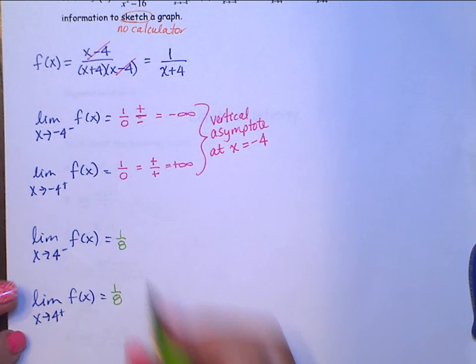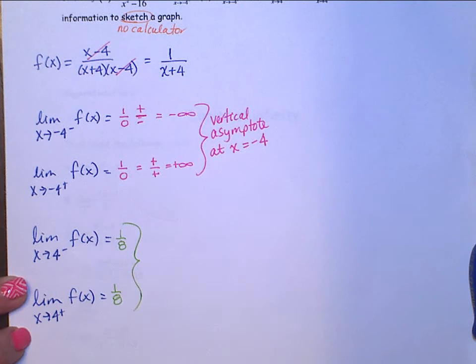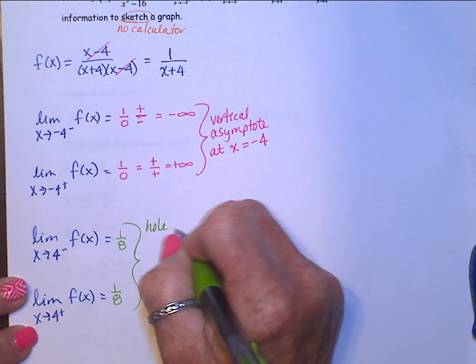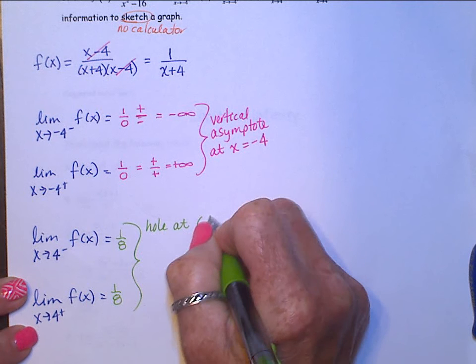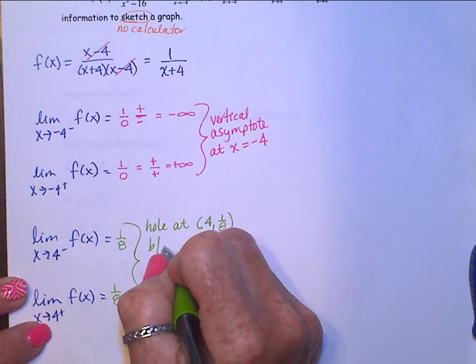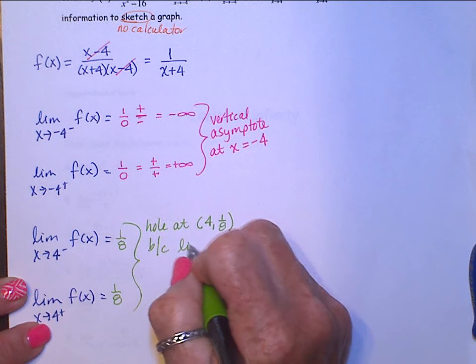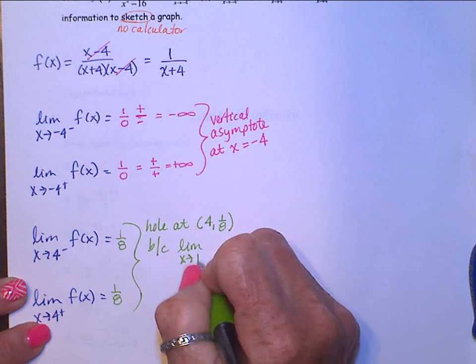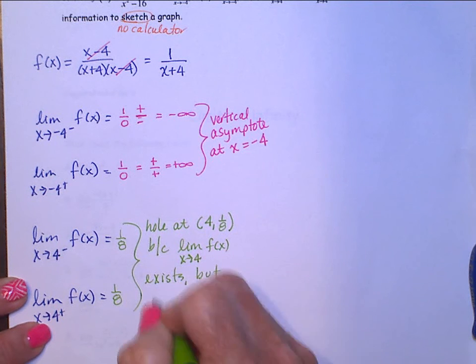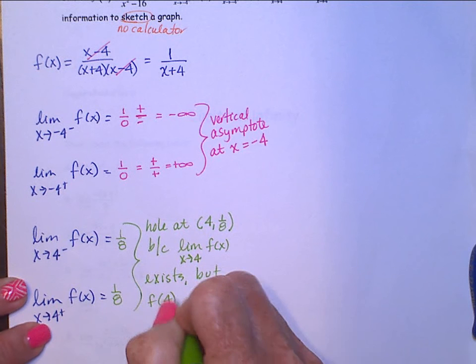These two pieces of information tell you there is a hole at 4, 1/8, because the limit as x approaches 4 of this function exists, but f of 4 does not exist.